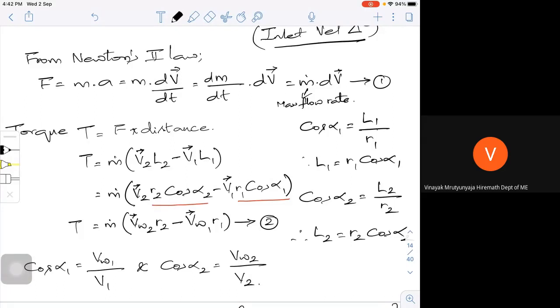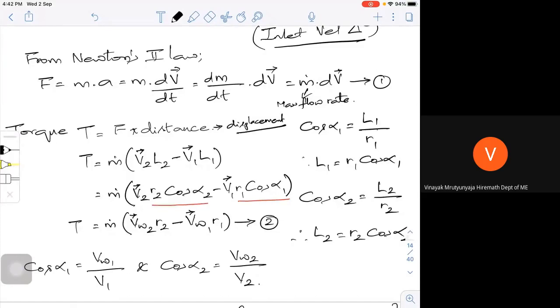Now look at this. What is the torque actually? According to the momentum principle, or solid mechanics, it is whatever force I apply into its displacement. If you speak in terms of momentum or mechanics, it is displacement, which is nothing but distance covered.